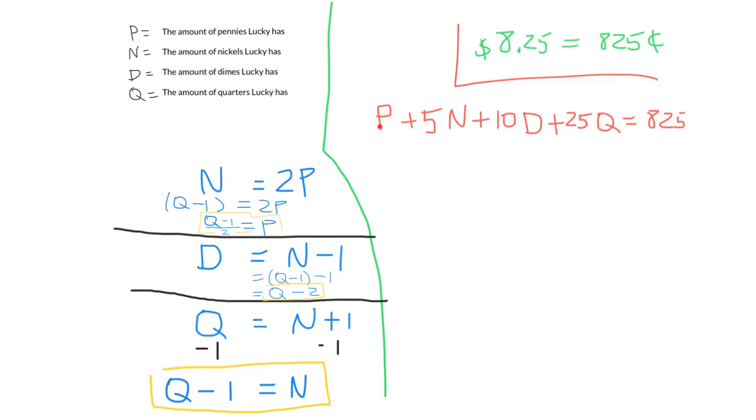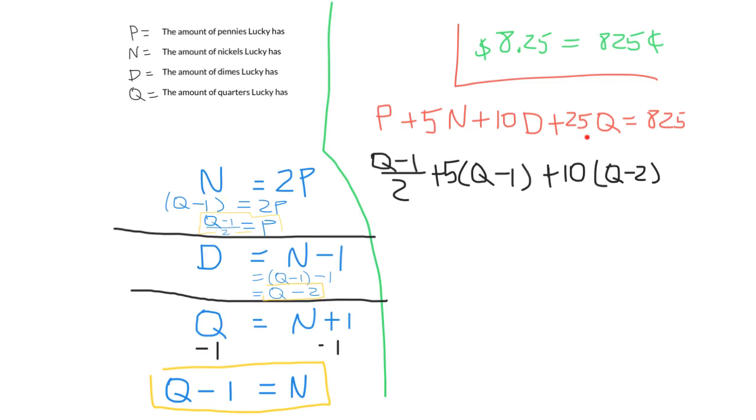So let's start with P. P we know is equal to Q minus 1 over 2, so we could just simply write that. And then we're going to be adding 5 times N, so it's going to be plus 5 times, well, what is N? N is Q minus 1, so we must put that in parentheses, Q minus 1. And then it's going to be plus 10 times D, so it's going to be plus 10 times whatever D is in terms of Q. Well, we already discovered that D equals Q minus 2, so we're going to write Q minus 2.